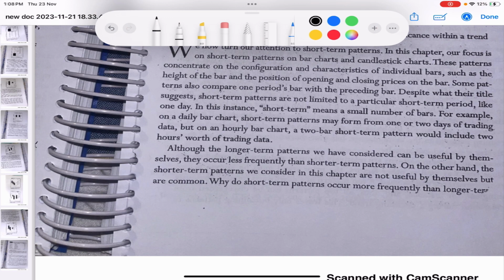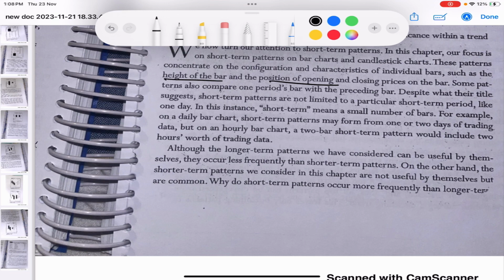These patterns concentrate on the configuration and characteristics of the individual bars, such as the height of the bar and the position of the opening and closing. Most of us use candlestick charts, and I know that we don't really use the bar chart, but there are people who use bar charts, and sometimes even bar charts are useful.